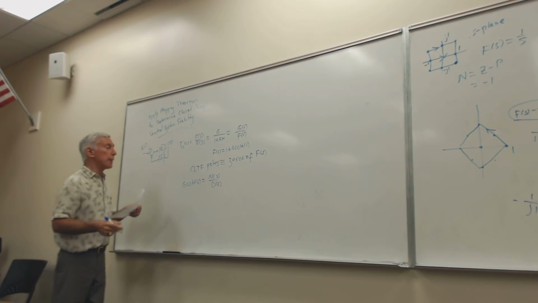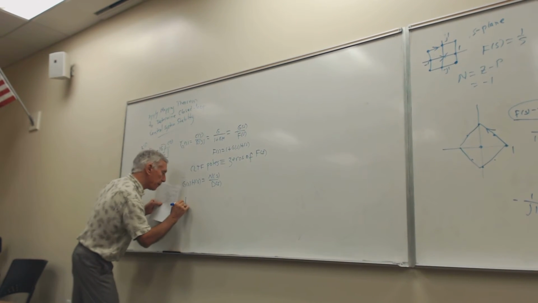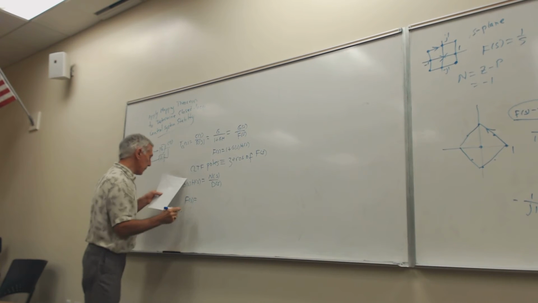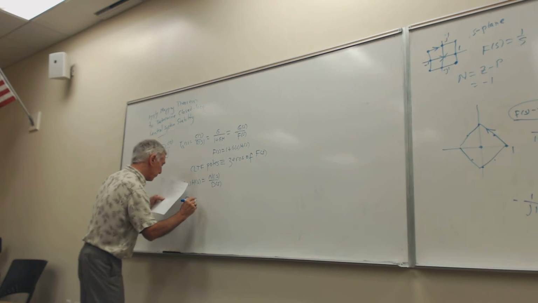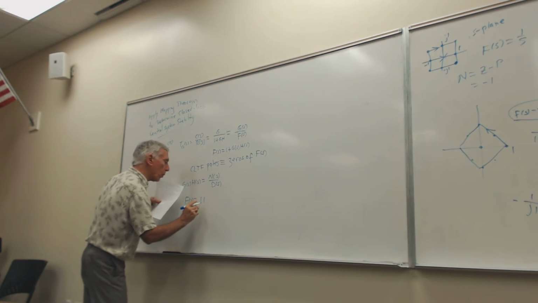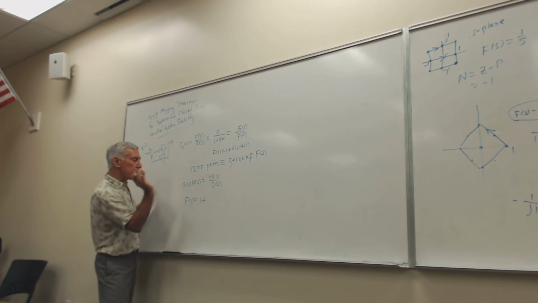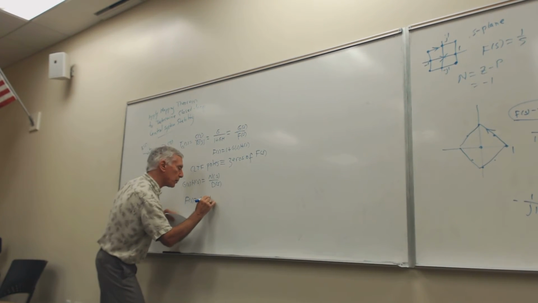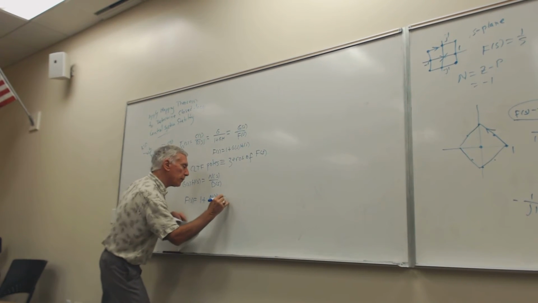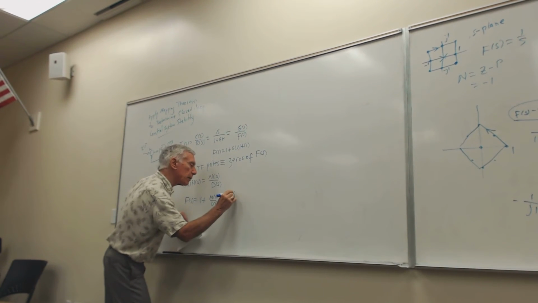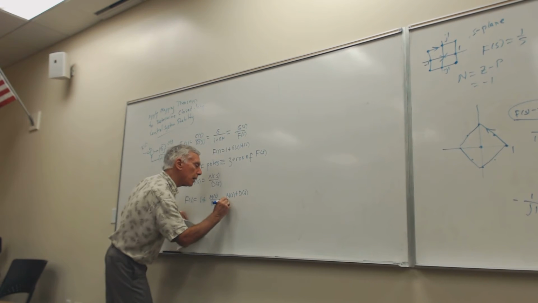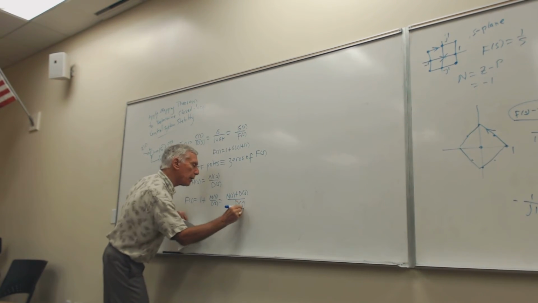Therefore F of S is equal to 1 plus GH, but GH is equal to numerator over denominator, and therefore this is equal to numerator plus denominator over denominator.